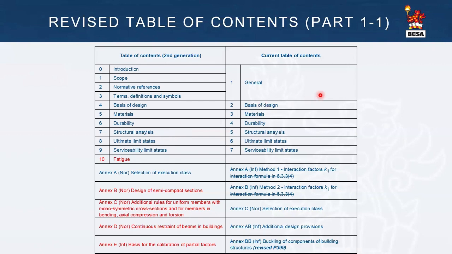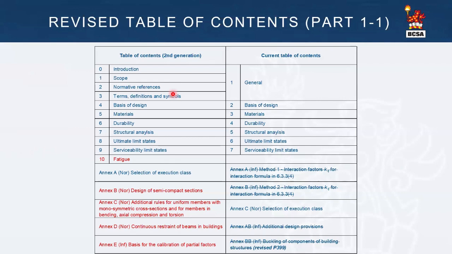In this table, we compare the current table of contents with the table of contents in the second generation. So you can see now that the current section 1 general has been split into 3 different sections.